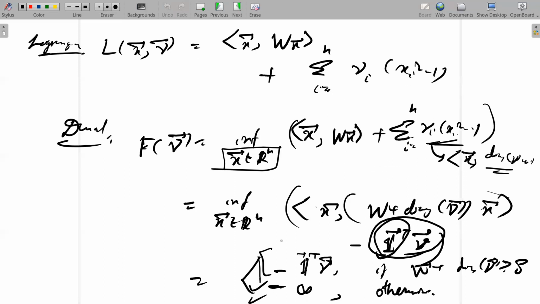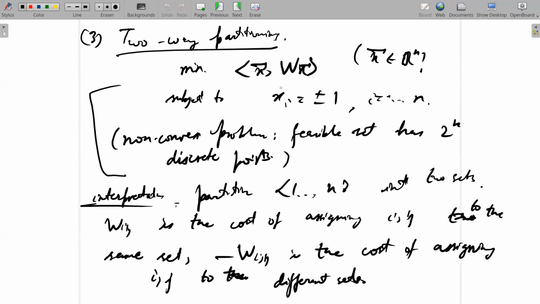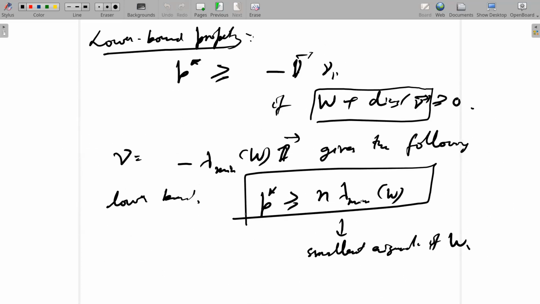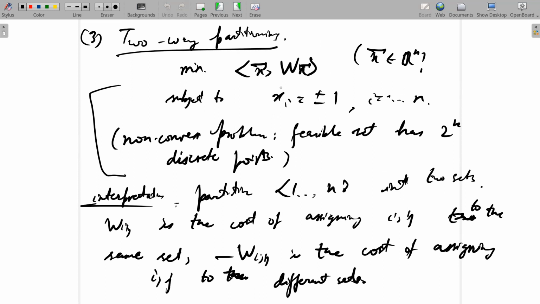So immediately, without even solving this problem, what you can say is the worst score, sorry, the best possible score, is in fact bounded below by n times the minimum eigenvalue of this matrix W. That's the scoring matrix that you have. And of course, all of these are real numbers because W is a symmetric matrix.